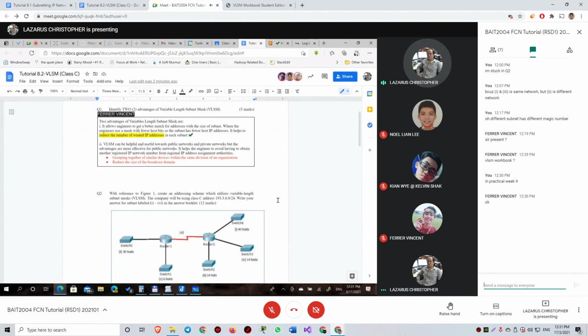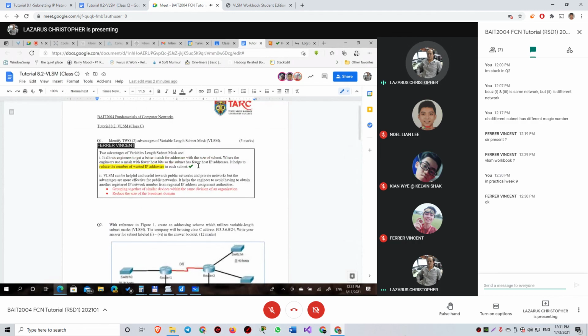So before I go, for Farah's answer to question 1, part 2 is not very accurate. The answer is actually more related to IPv6. VLSM is not actually done in IPv6.